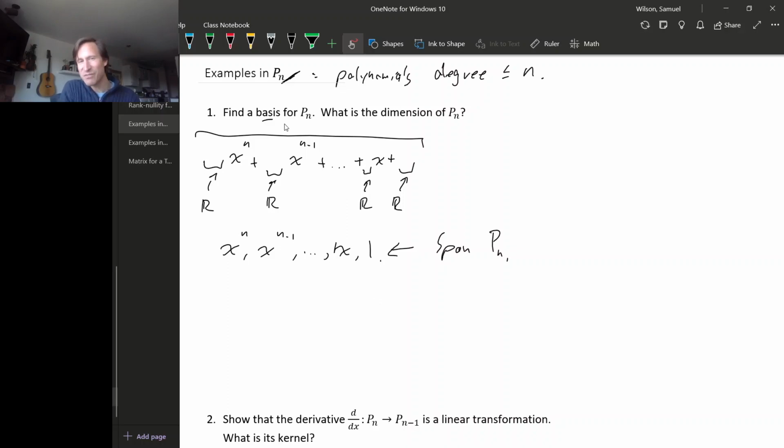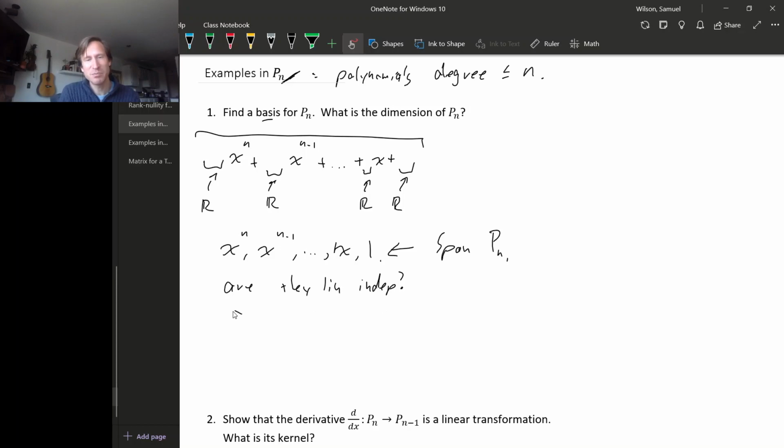So to have a basis, we just need to know, are these polynomials linearly independent? Well, let's check the old-fashioned way.